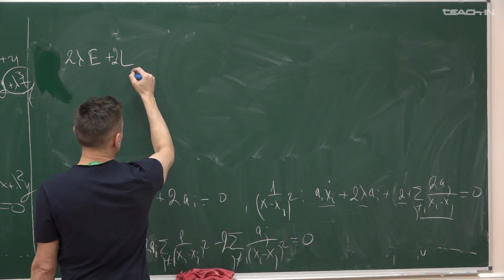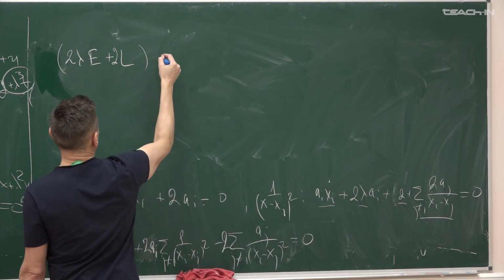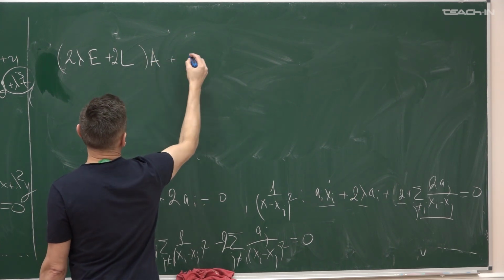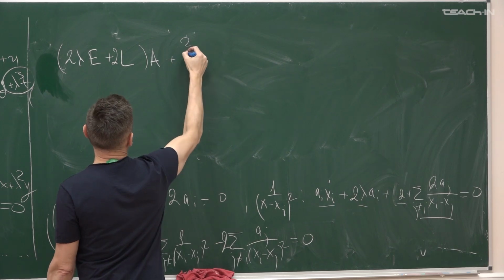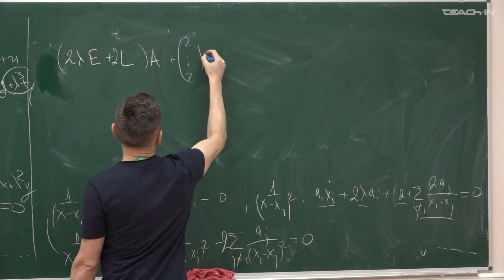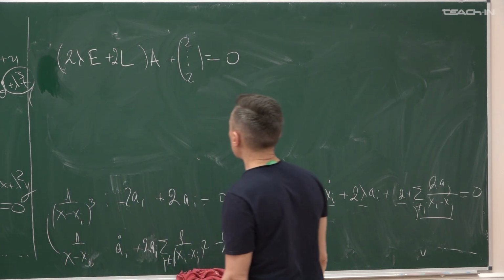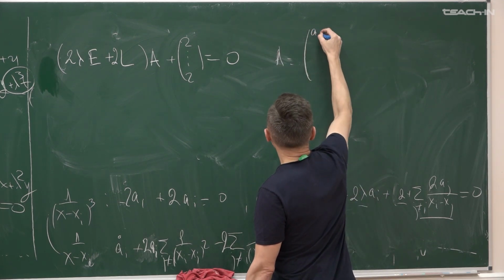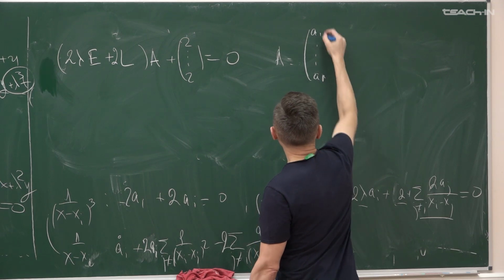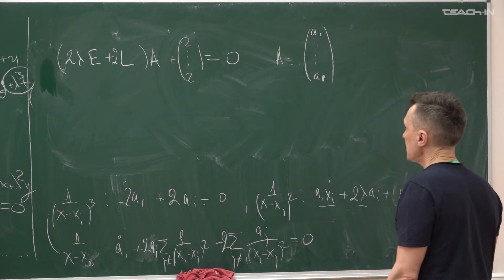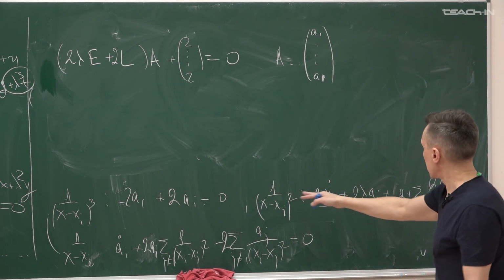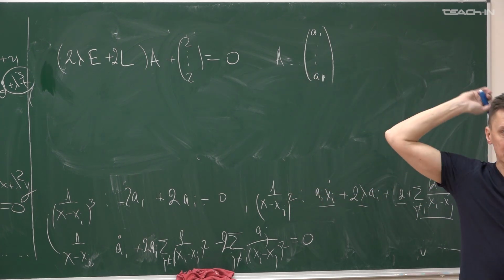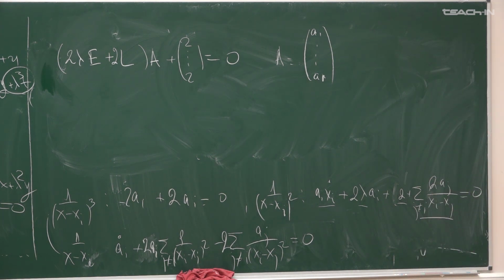And it is multiplied by A plus just the vector 2 is equal to 0. Here A is a vector A1, ..., AN. And all the set of such equations is this matrix equation on a vector A.